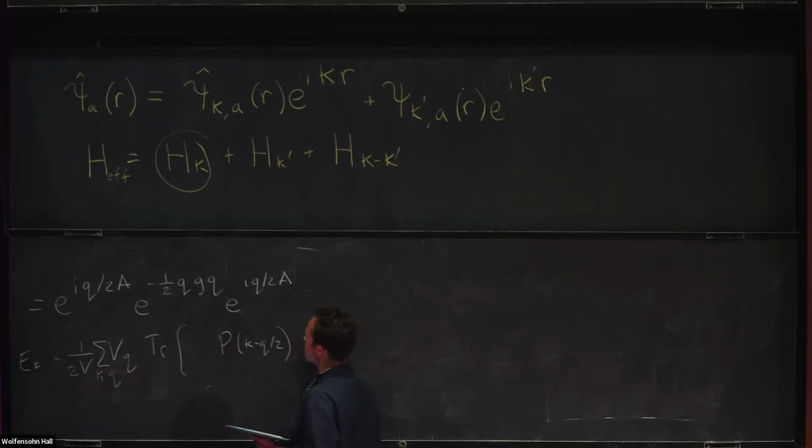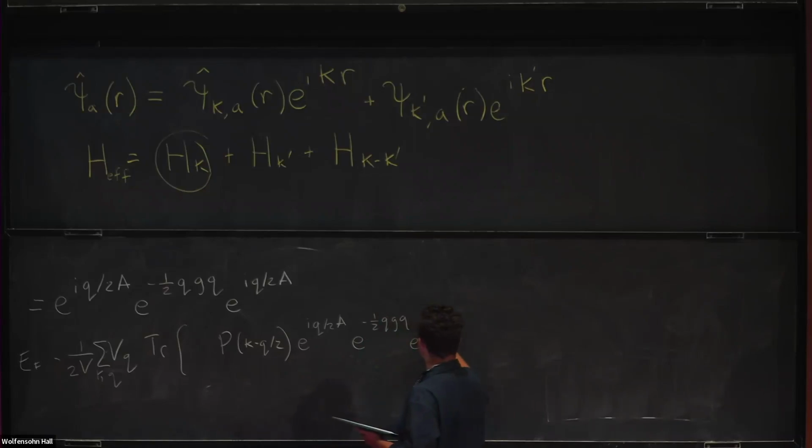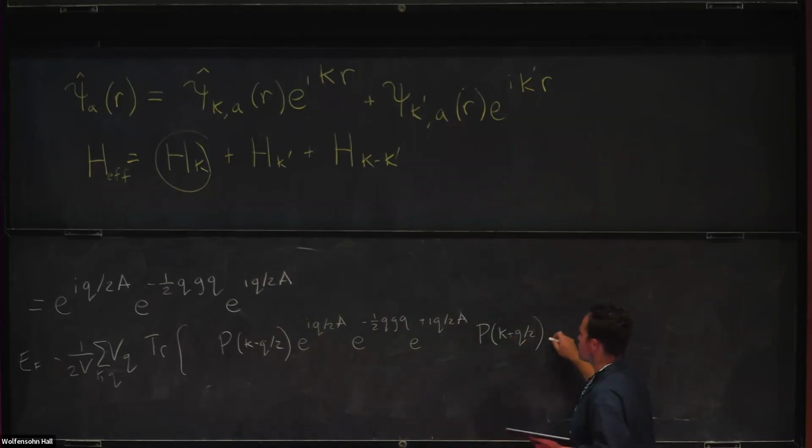Then I write down this thing here, e to the i q over 2a, e to the negative 1/2 qgq, e to the i q over 2a. Okay, that was P and then one factor of lambda, and then I write P at the other point, k plus q over 2. And then I get the form factor at that other point. You find that this is equal to negative q over 2.